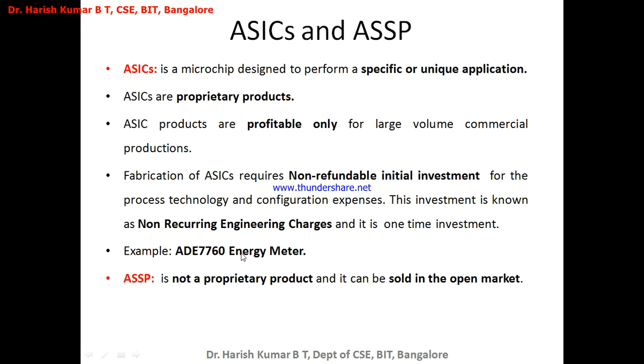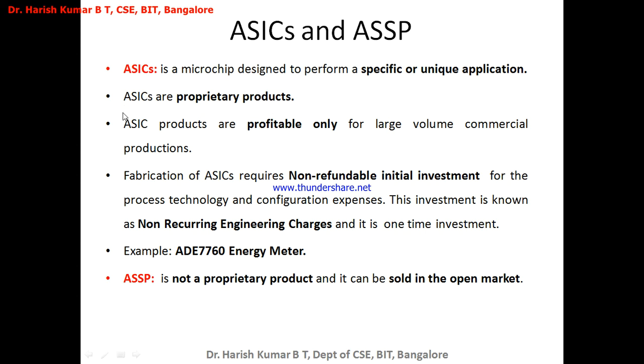Now next is ASICs, that is application specific integrated circuit, and ASSP, application specific standard product. Now ASICs, as I already told, are microchips designed to perform a specific or unique application. As I said, they are proprietary products, so they cannot be sold in the open market. They are manufactured only for a particular customer.